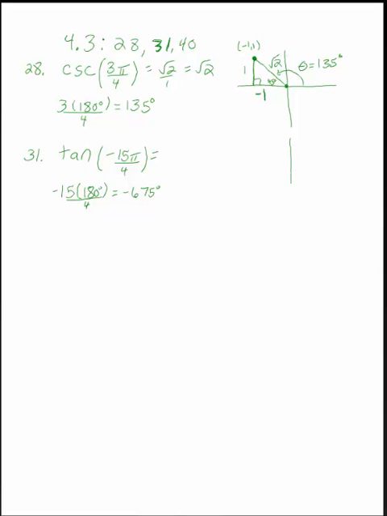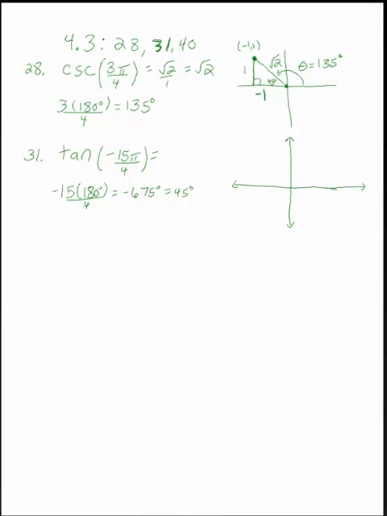Now, I want to draw a picture where my theta is -675 degrees. But to make this easier, I'm going to add 360 to that amount a couple of times until I get a positive angle. So I added 360 twice, and it turns out that -675 degrees is the same thing as just 45 degrees. It's way easier for me to visualize the positive angle.